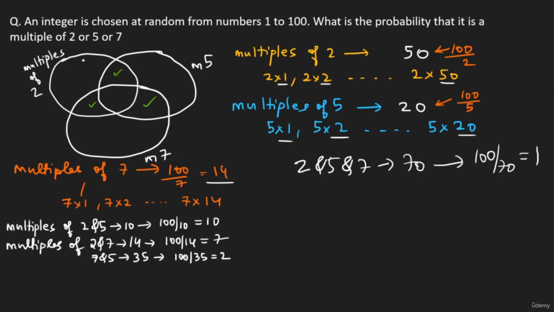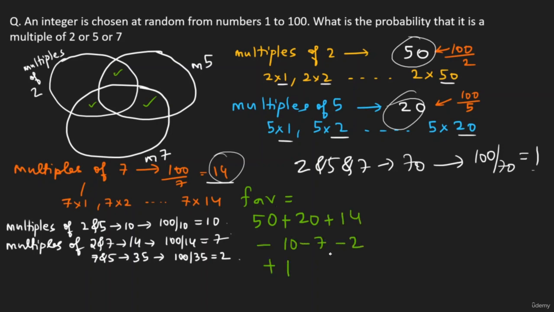Now to find this shaded region, what is it that we have to do? We have to add 50, 20 and 14, and from that we need to subtract 10, 7 and 2, and we need to add 1. Let's try to understand why that is so. When we add 50, 20 and 14, what are the areas that get double counted?